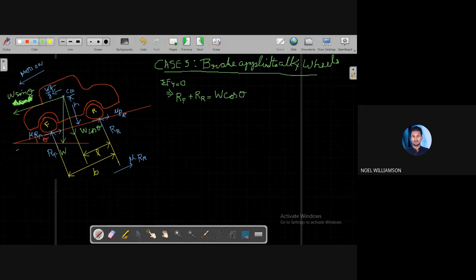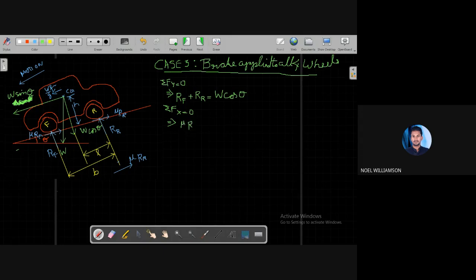Now sigma Fx equal to 0. So what are the forces in the x direction? You can see W sin theta in the negative x direction, W by g into f in the negative x direction, then mu Rf and mu Rr in the positive direction.